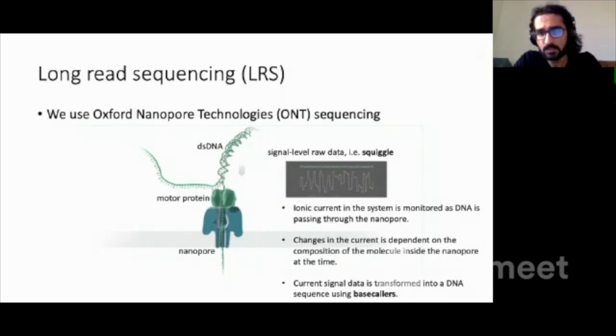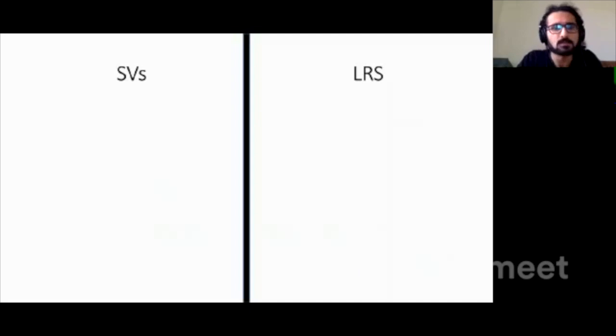And because the changes in the current is dependent on the composition of the molecule that is passing through the nanopore at the time, we're able to use base callers to convert the squiggle into a DNA sequence, which we use for downstream analysis.